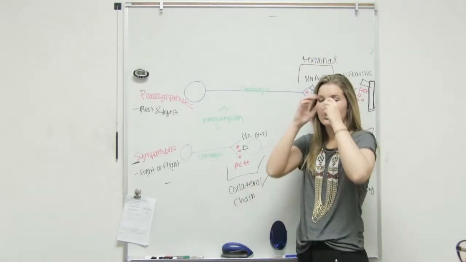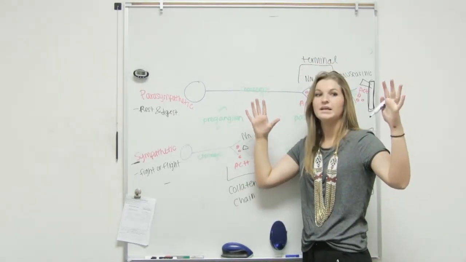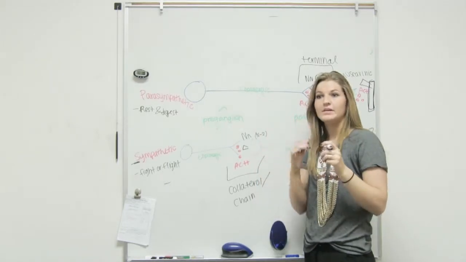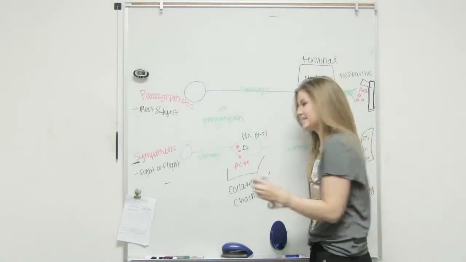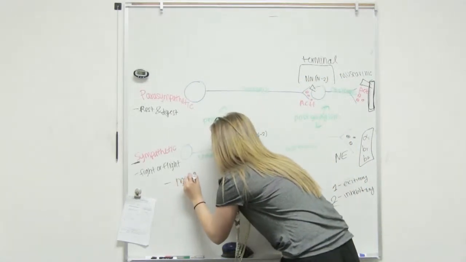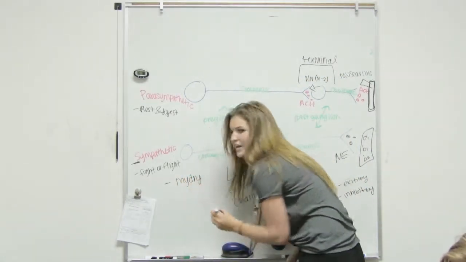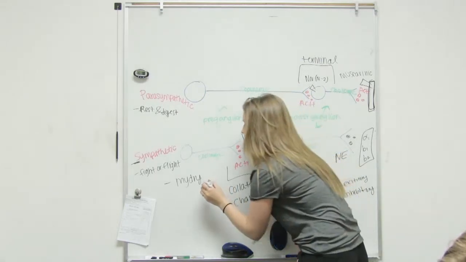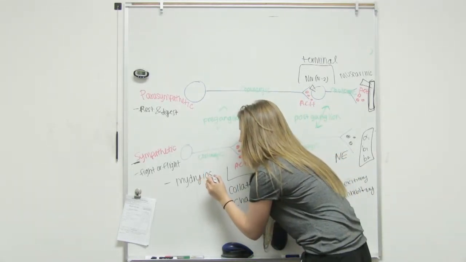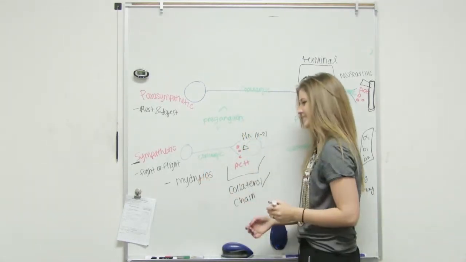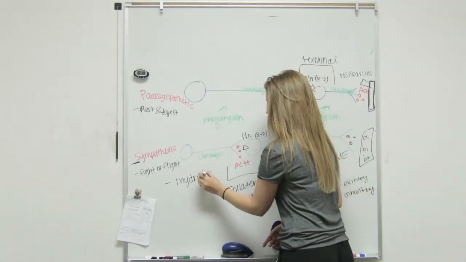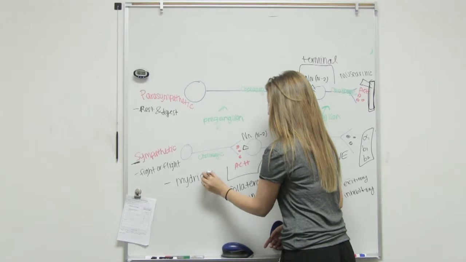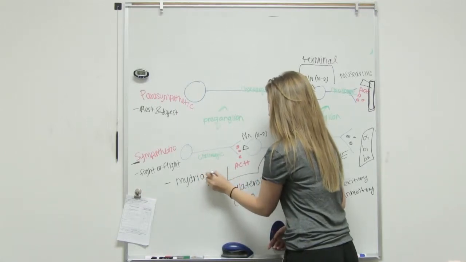So what is it called when our eyes get bigger? Dilation, or mydriasis. Let me spell it: M-Y-D-R-I-A-S-I-S.